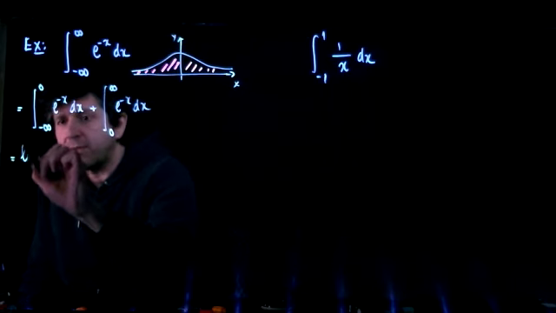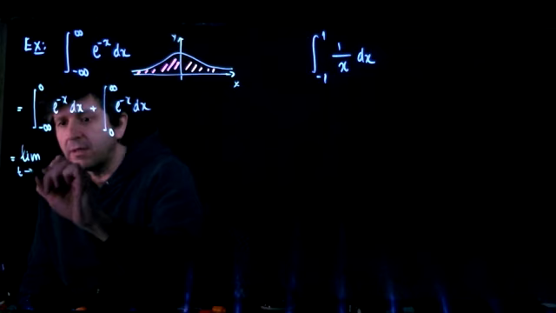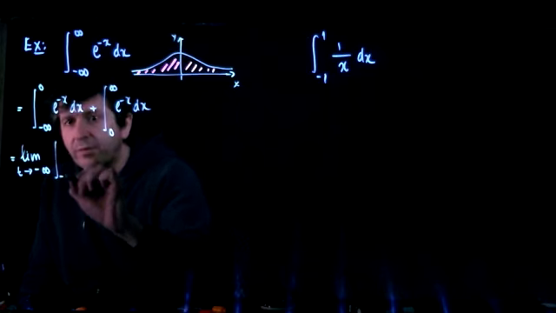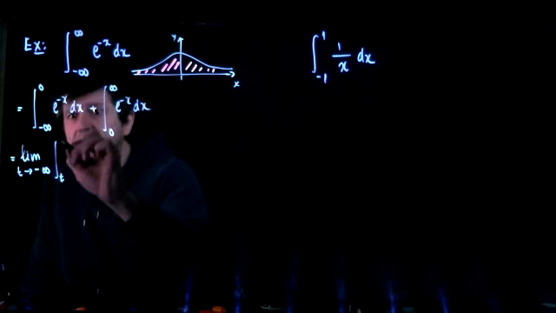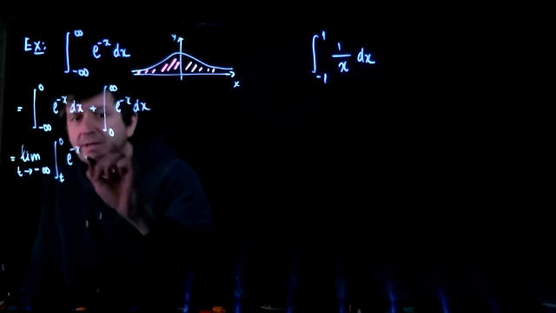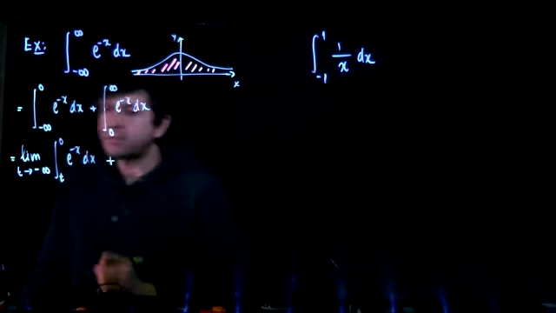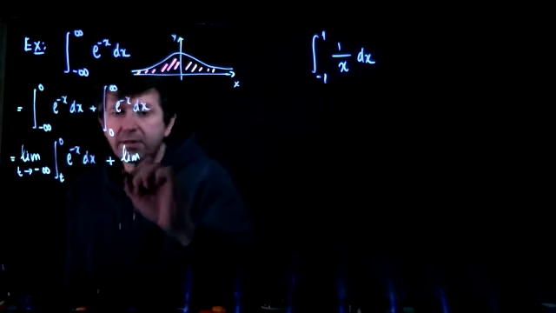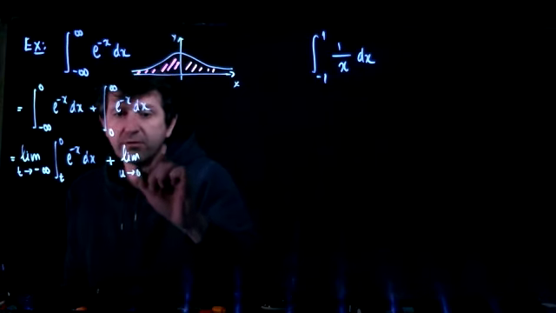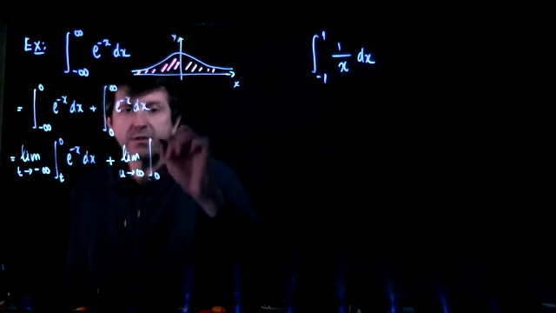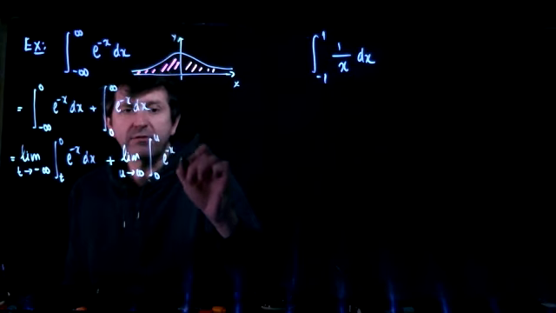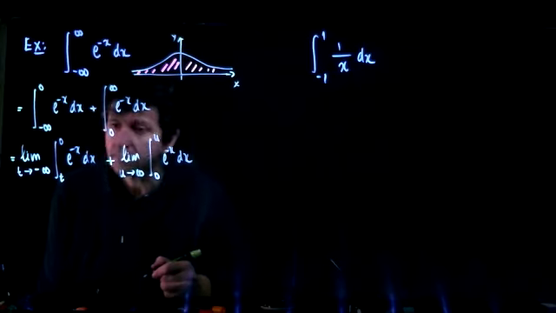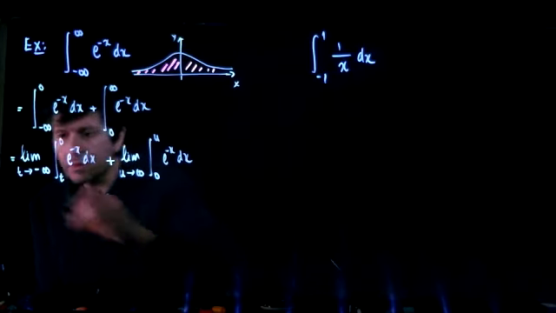So we have the limit as t approaches negative infinity of the integral from t until 0 of e to the negative x dx, plus the limit, let's call it u, as u approaches infinity, of the integral from 0 to u of e to the negative x dx.